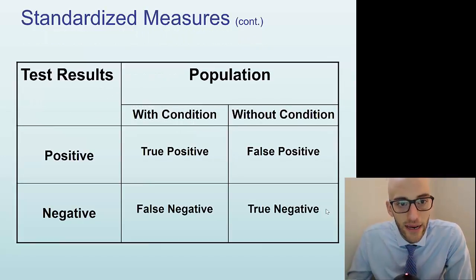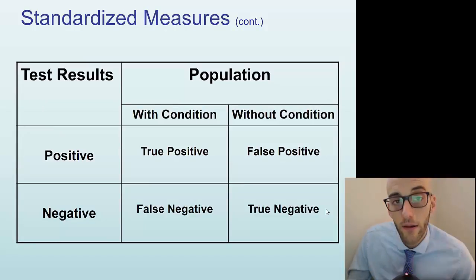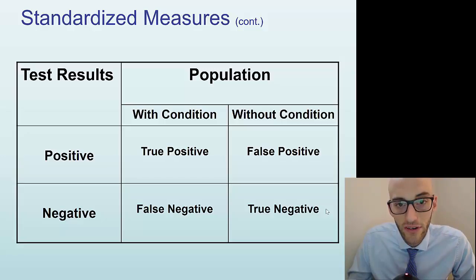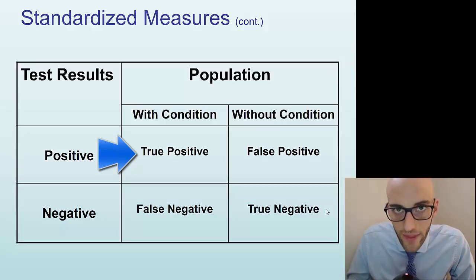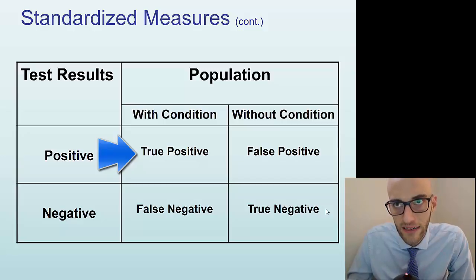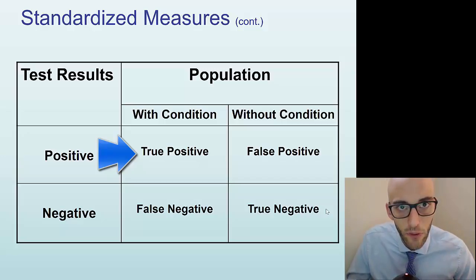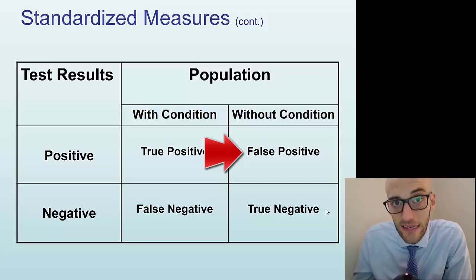And just as a closing thought, when we were talking about reliability and validity, we want our measures to be as valid as possible. One way of thinking about this is that we want to have as many true positives as we can. So we want it to be sensitive enough that it picks up a disorder or a condition within a population. If we had a measure of post-traumatic stress, we would want that measure to be able to capture people who had post-traumatic stress symptoms, but also not to have false positives that pick up people who don't have it.